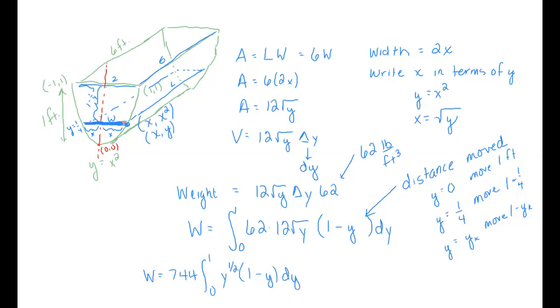And if you're integrating this by hand, you're going to have to multiply out the y to the 1/2 times 1 minus y. So 744 times the integral of y to the 1/2 minus y to the 3/2, adding exponents there, from 0 to 1.